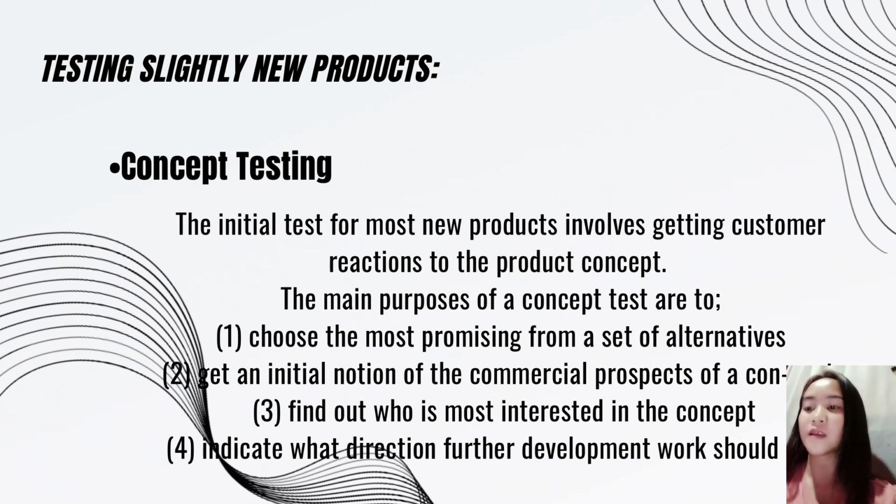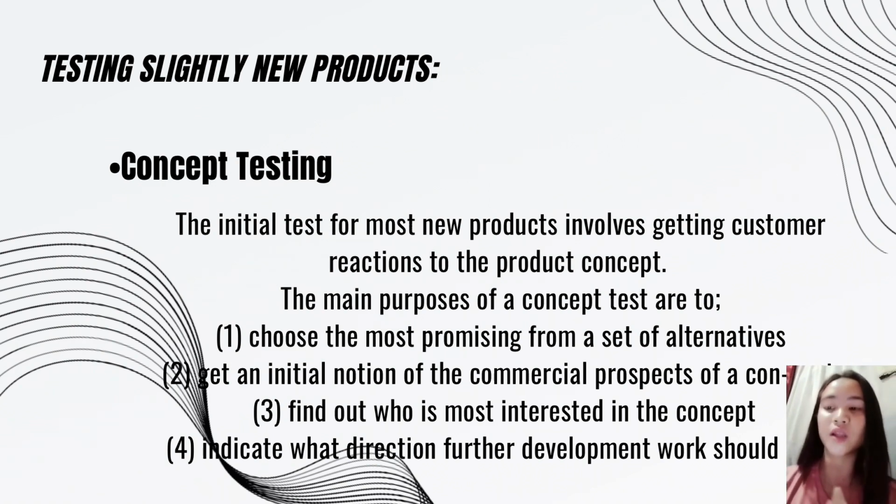Second, get an initial notion of the commercial prospects of a concept. Third, find out who is most interested in the concept. Fourth, indicate what direction further development work should take. So these are concept testing.